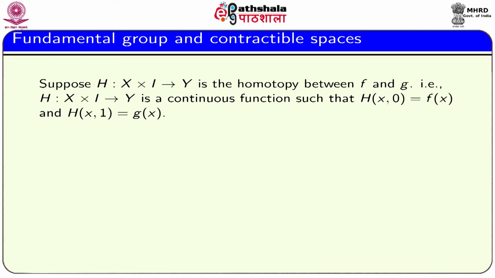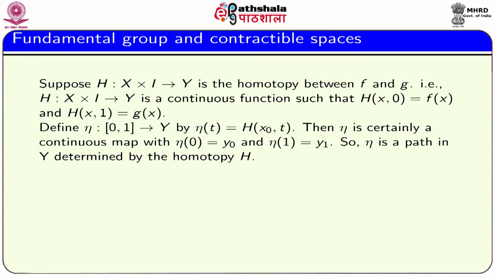Now, suppose the homotopy between f and g is H. Then it is a continuous function from X cross I to Y such that H(x,0) is f(x) and H(x,1) is g(x). So, now we define eta by that homotopy, meaning eta(t) is equal to H(x0,t).